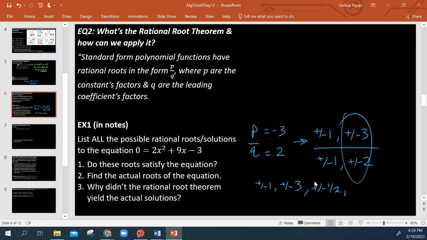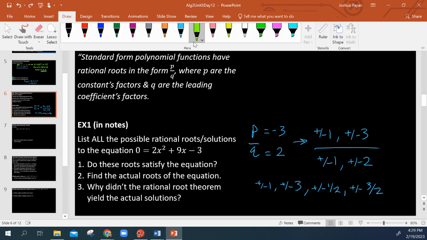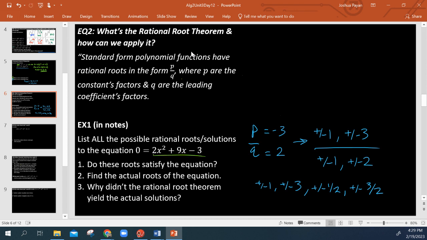Okay, and last one, that's going to give us plus or minus 3 over 2. Okay, so all in all, that means we have 2, 4, 6, 8 possible rational roots to this quadratic here.